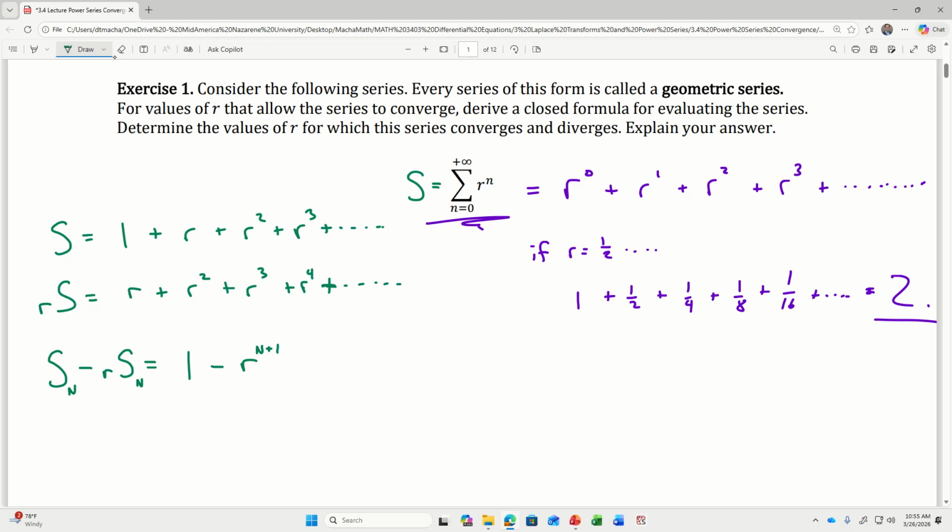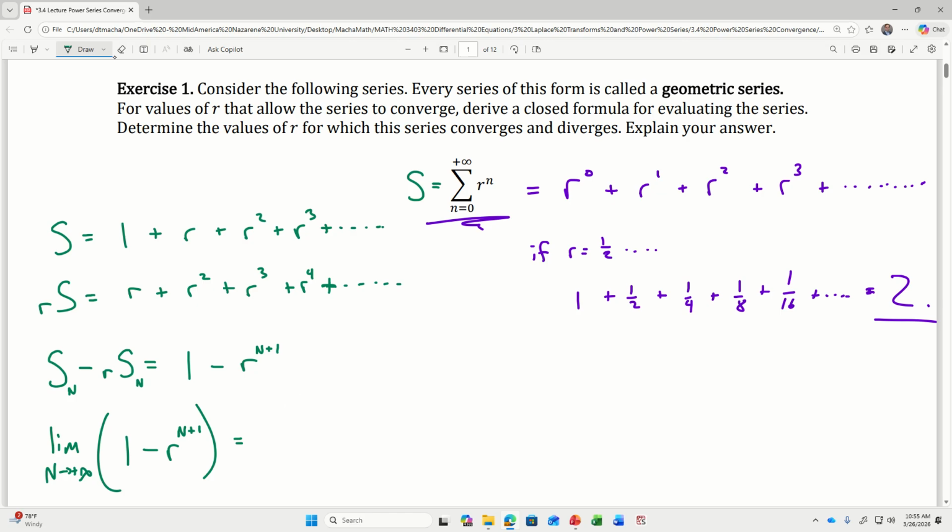So to get the series that results from the difference here, I would want to take the limit as n approaches infinity of 1 minus r to the n plus 1.